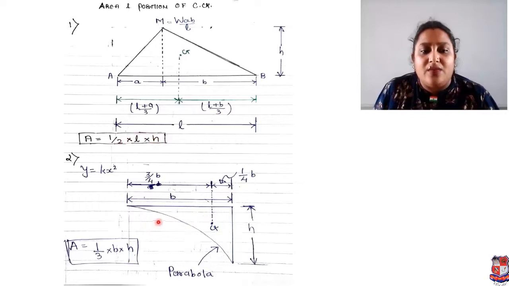We know the area is 1/2 L into H, as per 1/2 base into height, the area of a triangle. Okay, same way there is a parabola, CG distance somewhere at that point where I mentioned G. Then this is your whole length B, your height H. Here the distance from that end is 3/4 of B, from the other end 1/4 of B. Area will be 1/3 B into H for this parabola.